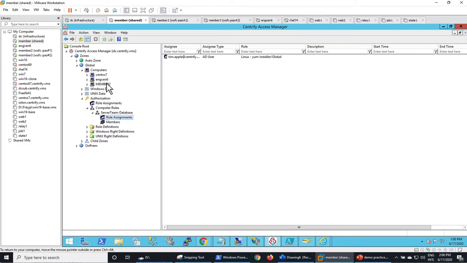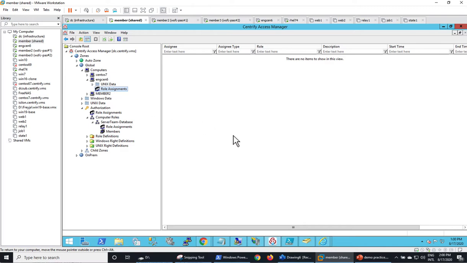Or you can actually assign roles as an override underneath the system. If you're doing proper design where you're assigning at the zone, child zone, or computer role, you're going to be fine. But if you're doing local assignments and local overrides, this just makes your administration a little bit harder.